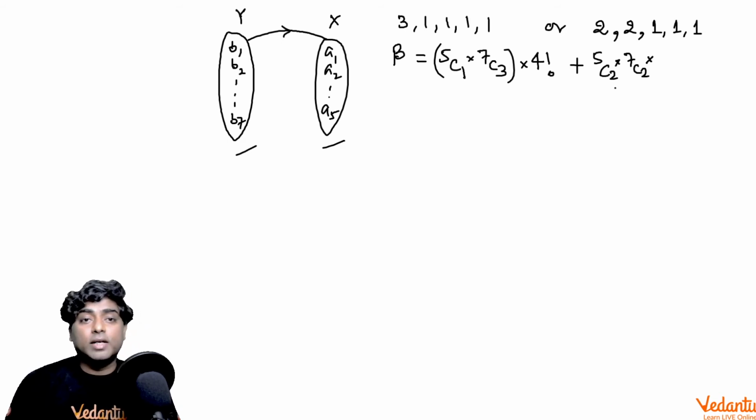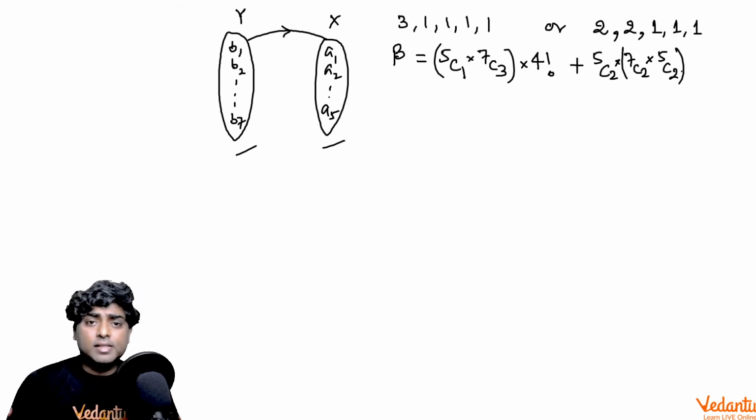Now second element again taking two elements of y. Which two elements of y? So remaining 2 out of remaining 5C2 done. And now we are left with 3 elements of x and the 3 elements of y. This can be done in 3 factorial ways. So what is beta upon 5 factorial?